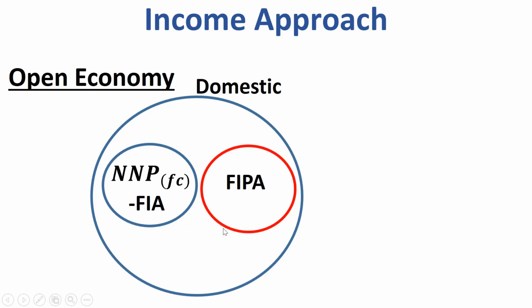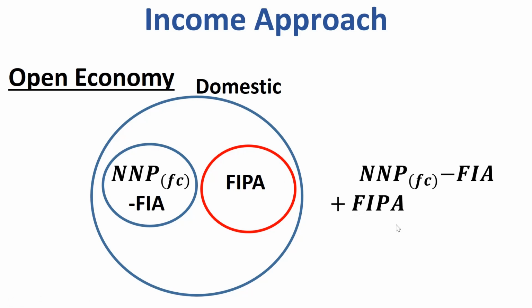Foreigners' factors of production have earned FIPA, factor income paid abroad. And those of our nationals at home earned NNP at factor cost minus FIA. So let's add the two together. We get NNP at factor cost minus FIA, which is the first portion, plus FIPA.